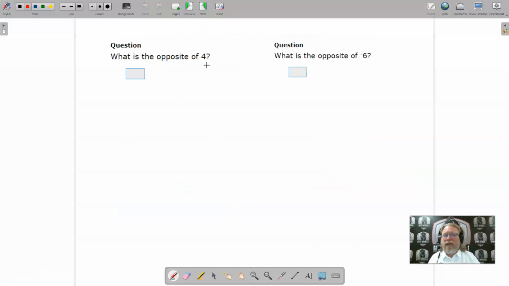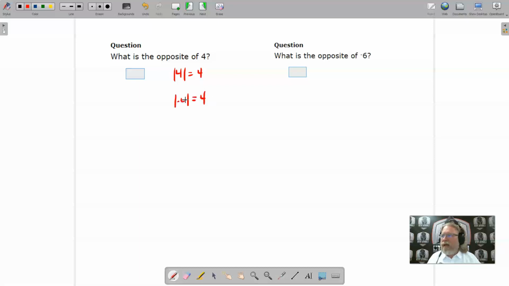Now it's opposites, and we learned in lesson 1.4 that by definition an opposite of a number is another number that has the same absolute value of that number. So the absolute value of 4 equals 4. Well, what is the absolute value of some other number that equals 4?